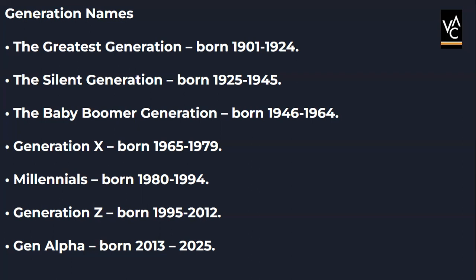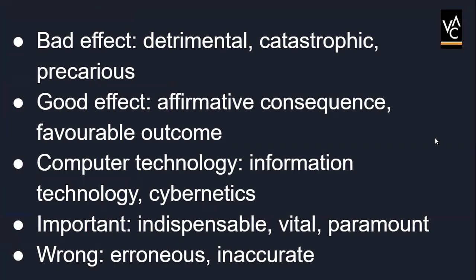Generation Z is termed for the kids who are born between 1995 to 2012, and they are right now the teenagers or what we call adolescents. And Gen Alpha is used for the kids who are born from 2013 and will be termed till the kids who will be born till 2025.